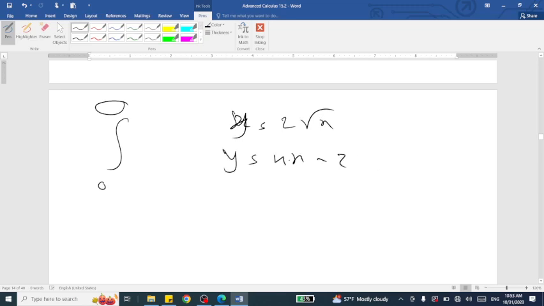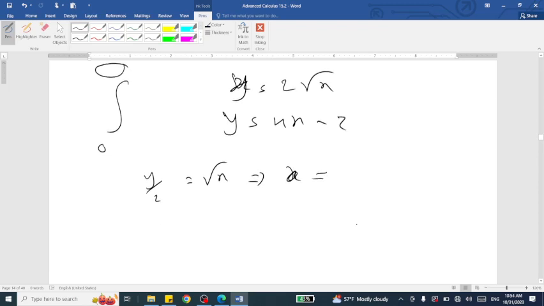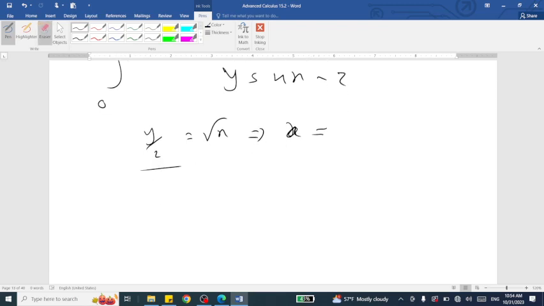Because we want to find y, so y over 2. From there x will be what? Something is wrong. 1 over 4. y equal to 1, 1 over 4, 2 minus 1. Okay, give me 1 sec please.